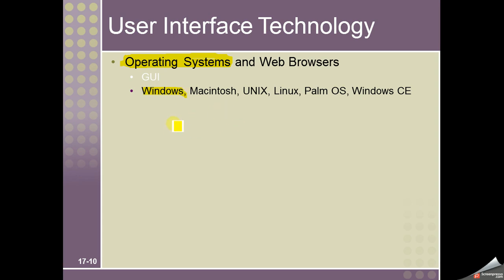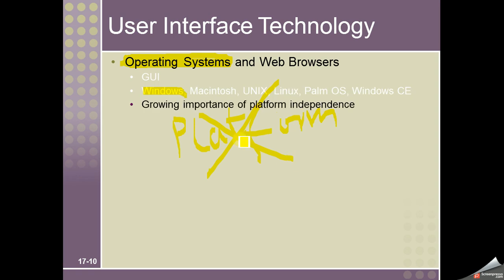But nowadays, mostly we have platform independent systems, right? So the choice of platform is not very important. Nowadays, mostly we have platform independent systems, what we call web-based systems. So the only thing that matters in these systems is the web browser. Every operating system has a web browser, and it acts as a middleware, as we have discussed in the previous chapters also.